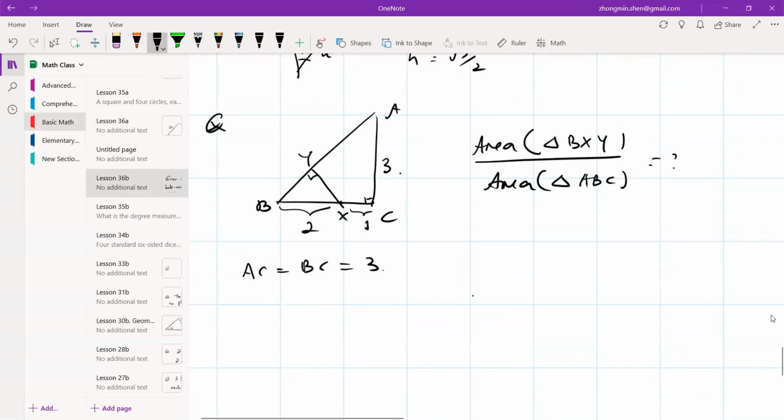So you know the area of triangle ABC is going to be 3 times 3 divided by 2. It's 9/2. So the question is, what is the area of triangle BXY?